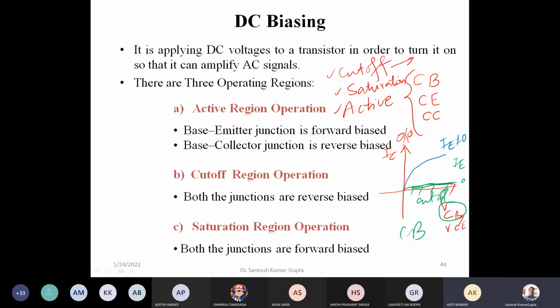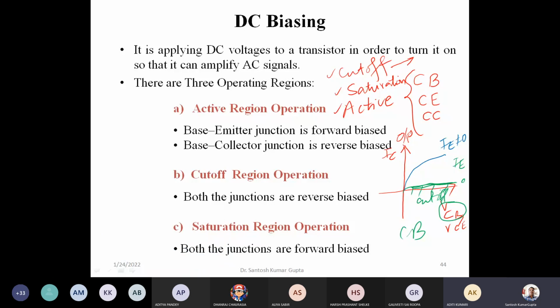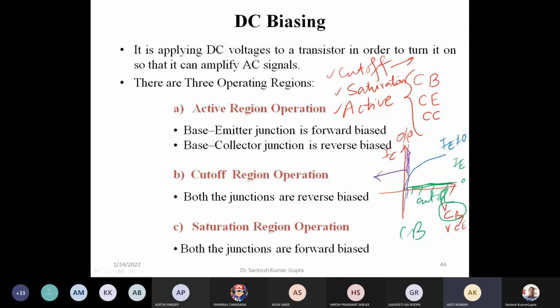Here we see that there is a region on this side, for a small value of VCB, for which both our junctions are forward biased, and this is what is called the saturation region.